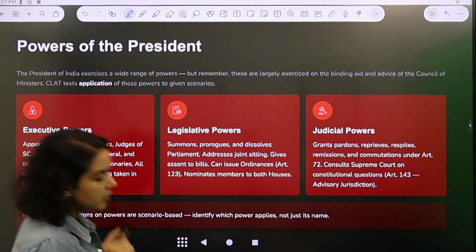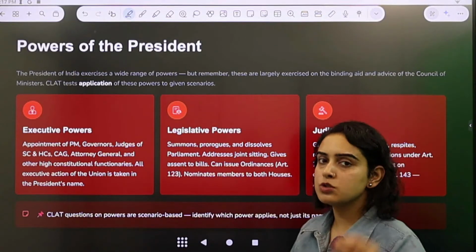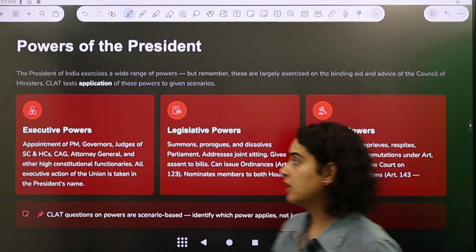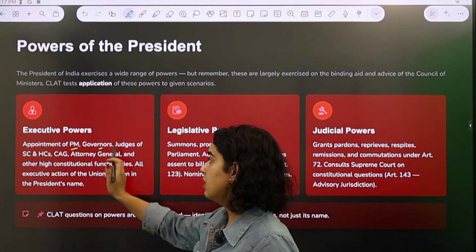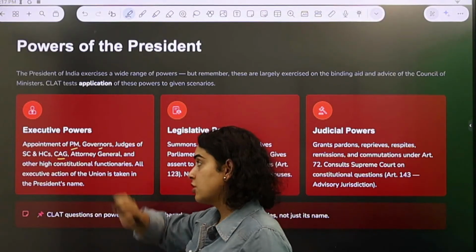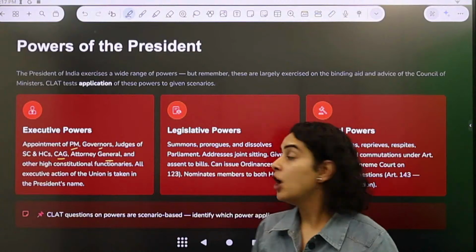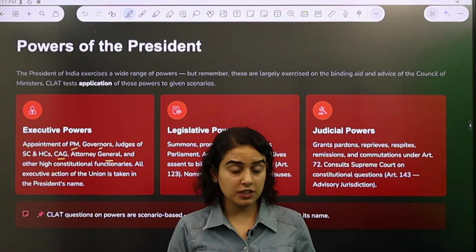First of all, the president is responsible for appointments. Appointments for all sorts of constitutional bodies, including the prime minister, governor, judges of Supreme Court and High Court, Comptroller and Auditor General of India, Attorney General of India, and other high constitutional functionaries.